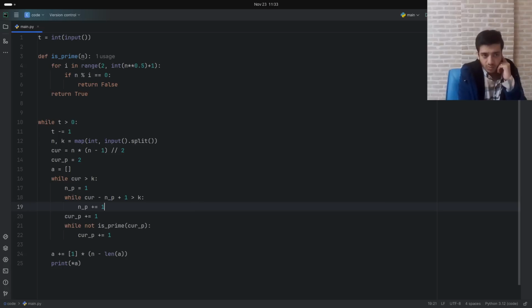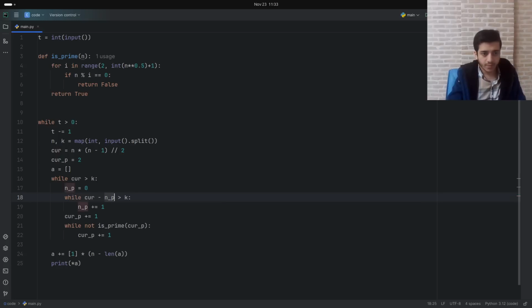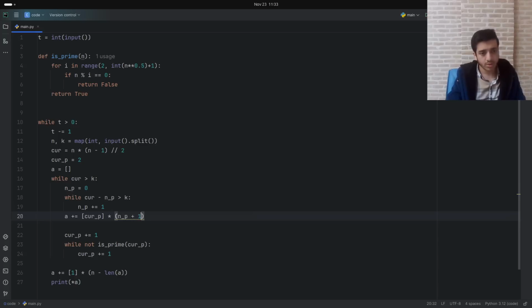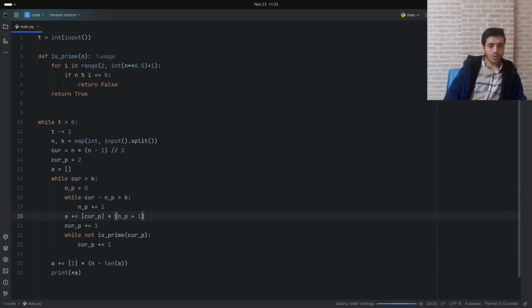So let them be at the beginning 0 and go add them one by one, and finally you need to add like this. Current prime times number of primes plus 1, and that's it.